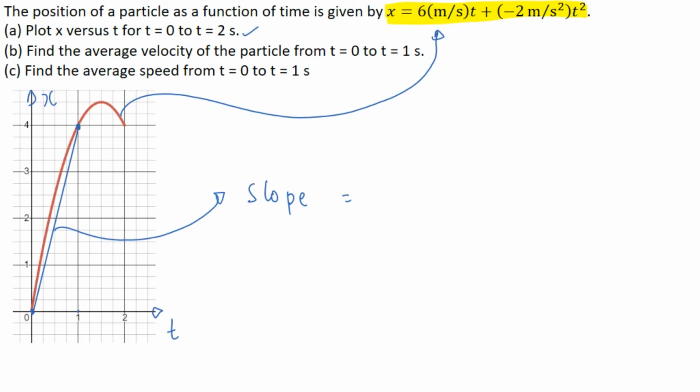Now slope, we know it is delta x over delta t. So this would be delta x and this would be delta t. So for delta x, this is the final position and this is the initial. So this would be 4 minus 0 divided by, this is 1 minus 0.